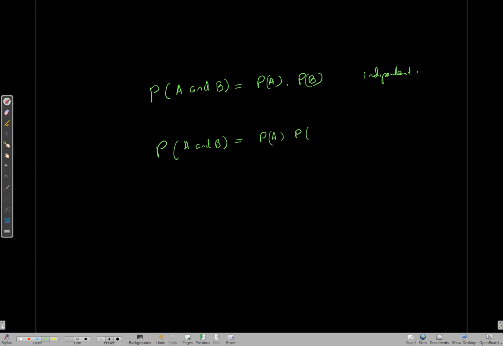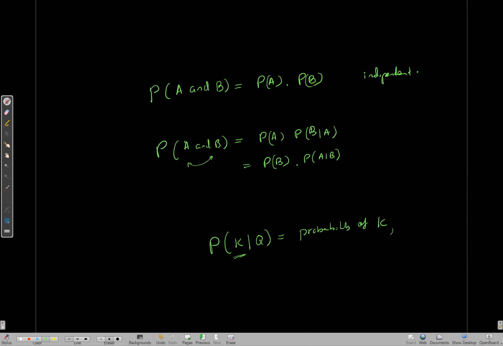P(A) times P(B given A). Oh, the other way around, because this is symmetric. A and B is the same as B and A, so this will work. A slash B. So this one right here, let me use another example: K slash Q. This means the probability of K. So it goes in the right order, the way you write.